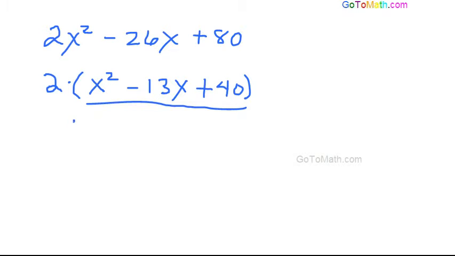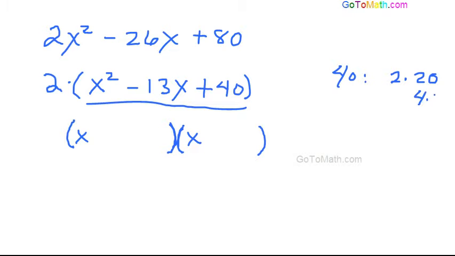So we know that both of our factors, our first terms will be x. Okay. Now let's take a look at 40 over here. Let's break it down. We got 2 times 20, right? We can also break this down to 4 times 5.